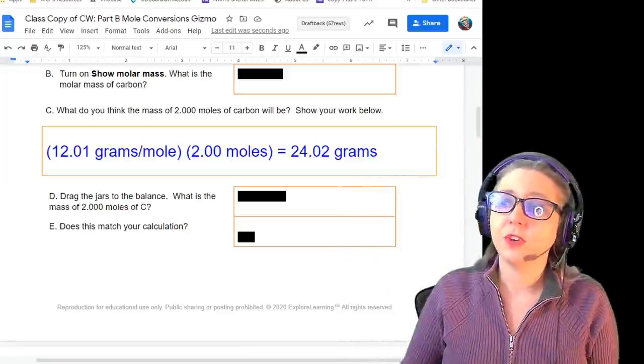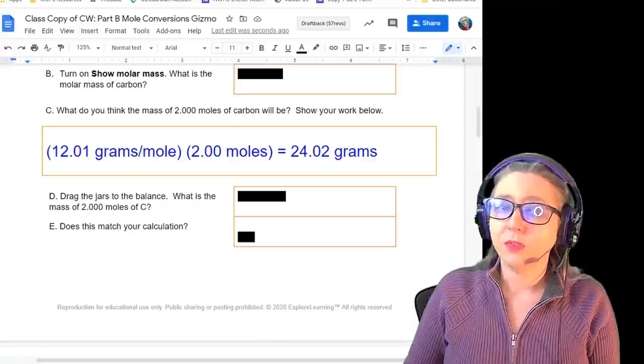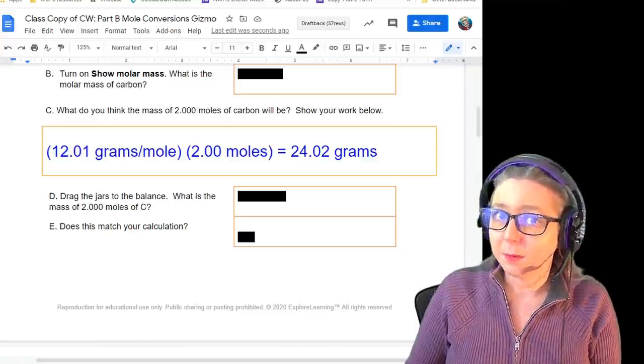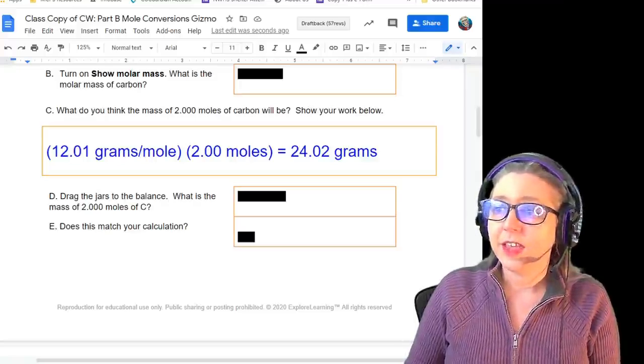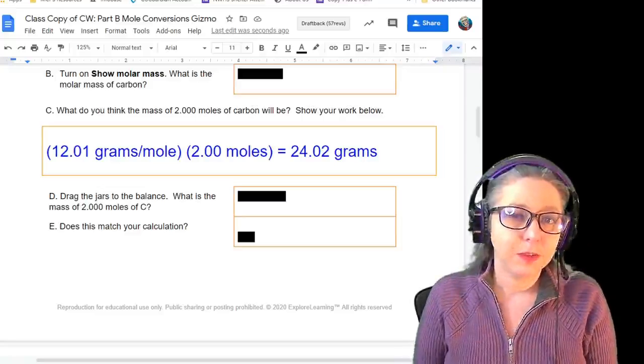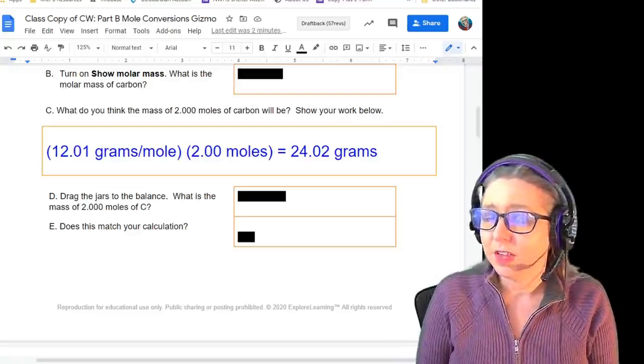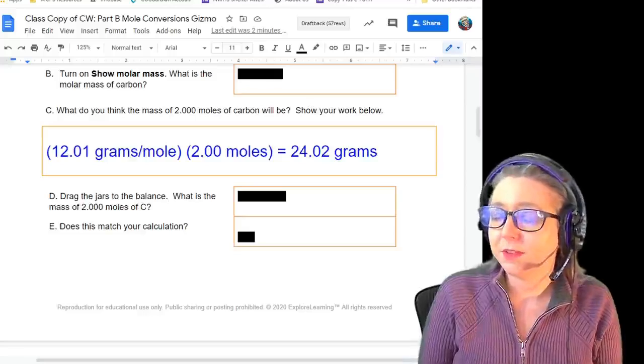Here, I'm starting with grams divided by mole. I then multiply by moles, so I've got moles on the top and the bottom of a divisor. So they cancel out. All that I'm left with is grams. This is going to be a really big theme for the next few weeks about canceling out units by putting them on top and on the bottom of divisors.